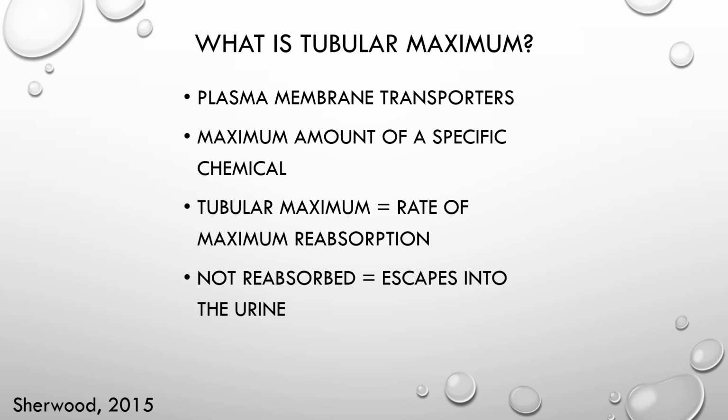The tubular maximum is the rate of maximum reabsorption. Any material that is filtered past the tubular maximum is not reabsorbed, but instead escapes into the urine. All actively reabsorbed substances, aside from sodium, have a tubular limit.